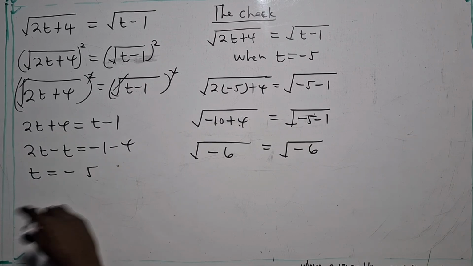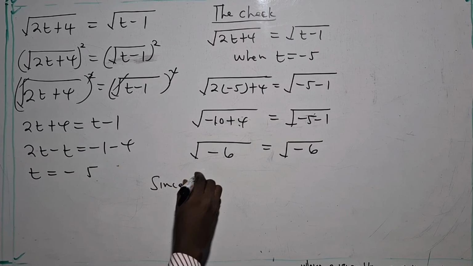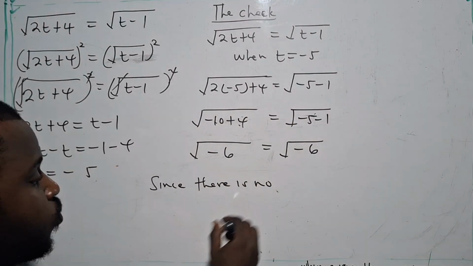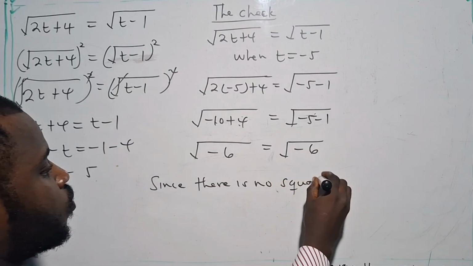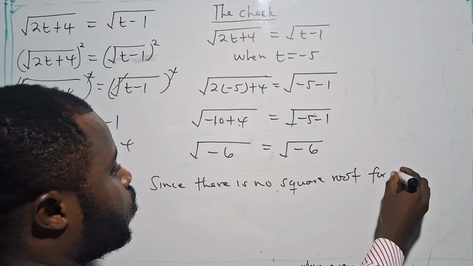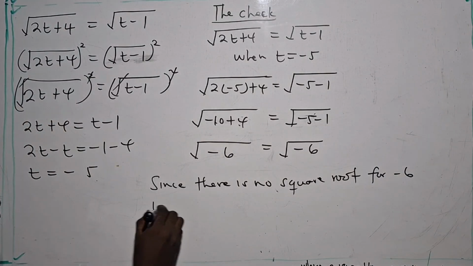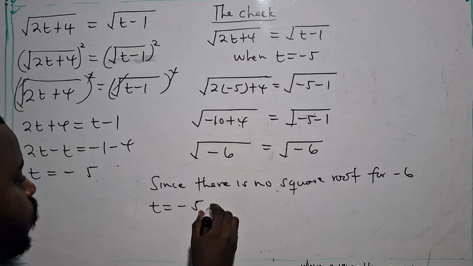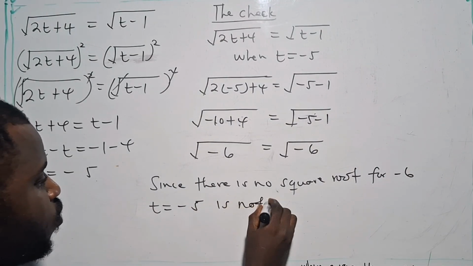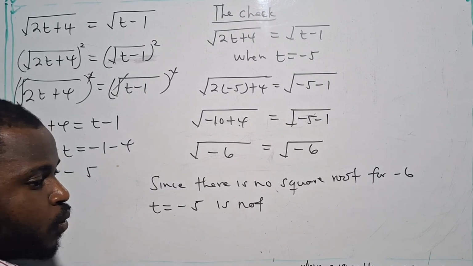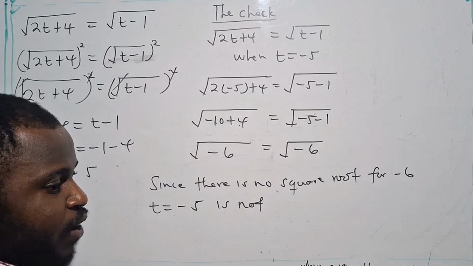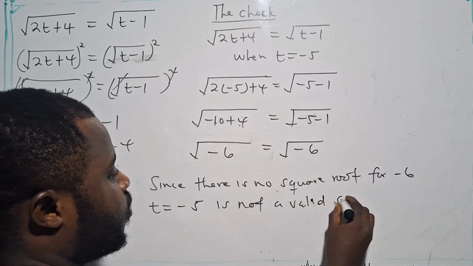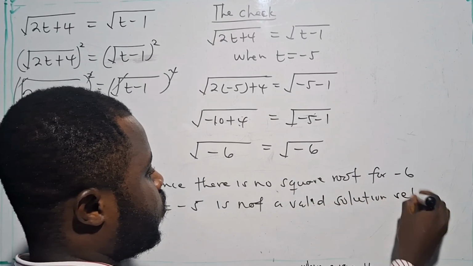So we say, since there is no square root for a negative number, t is equal to negative 5 is not a valid solution.